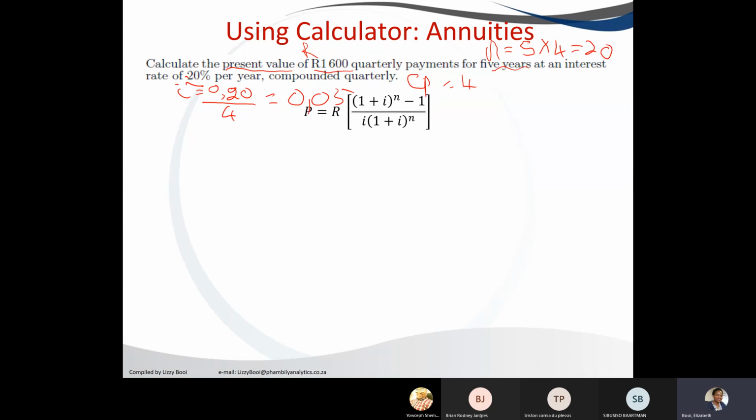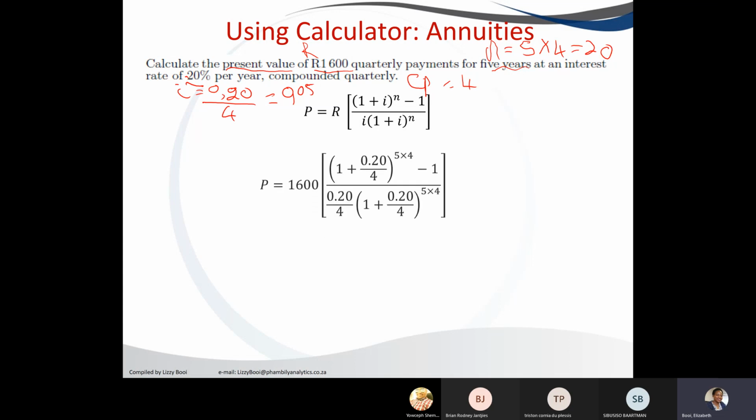And once you have that answer, you can just substitute the values into your formula. We know the formula is P, the present value, is equal to your payment R times the accumulation factor, which is 1 plus i to the power n minus 1, divided by i times 1 plus i to the power n.